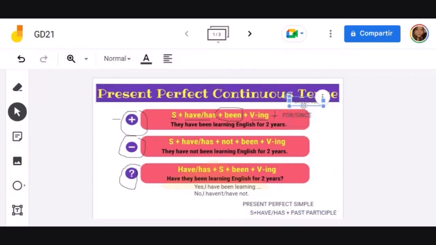In the case of negative, we use the subject, then have or has, then not, then been, and then the verb plus ing. And then we see for or since, for 2 years. And when it's about questions, we only need to modify the order. First we start with have or has, we continue with the subject, then been, the verb with ing, and then it's possible to write for or since at the end because it's considered part of the complement. Now, any question about for and since?